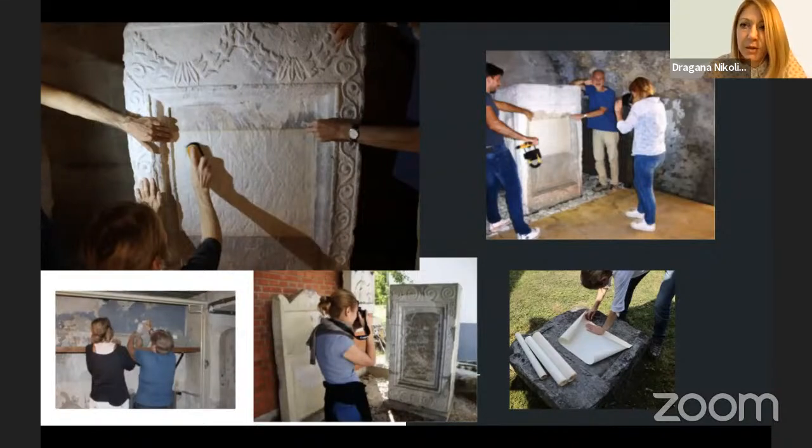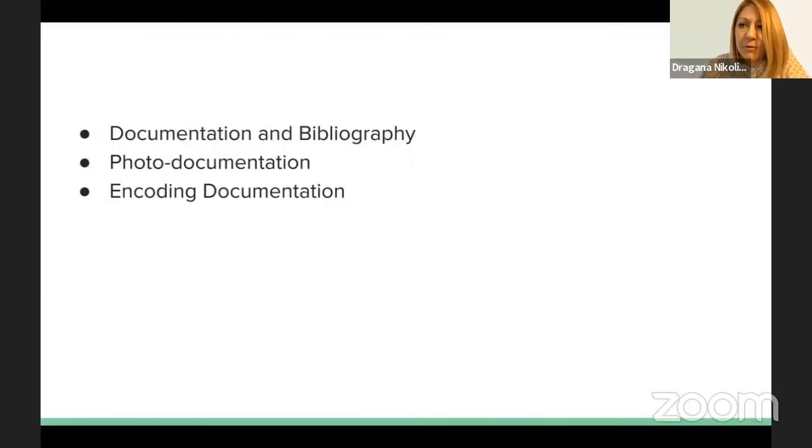So the corpus had to be new, and the collaboration with Professor Svetlana Loma, who is a very important part of this project, and a renowned epigrapher in Serbia, was the author of the editions. And this is one step further, because this was really a born digital edition made from scratch. So these are some of the elements of our project that I mentioned: documentation, bibliography, photo documentation.